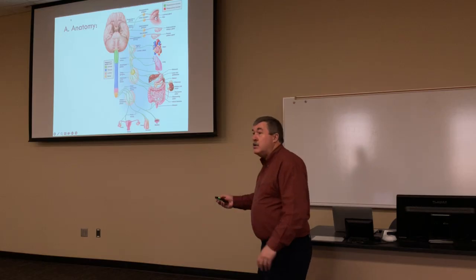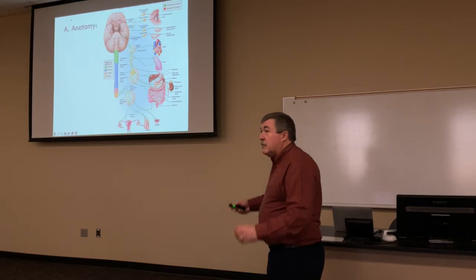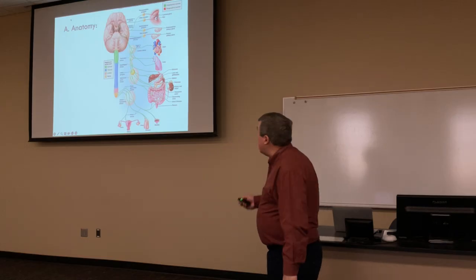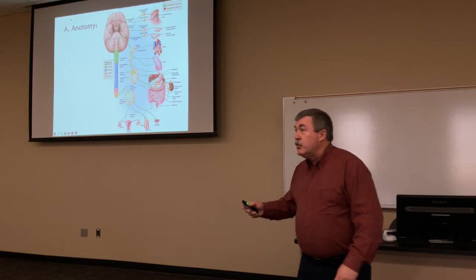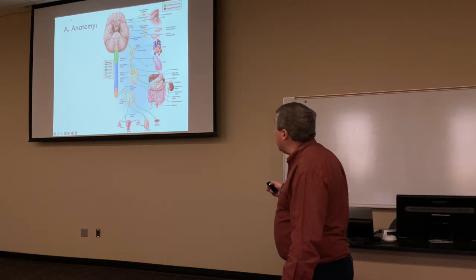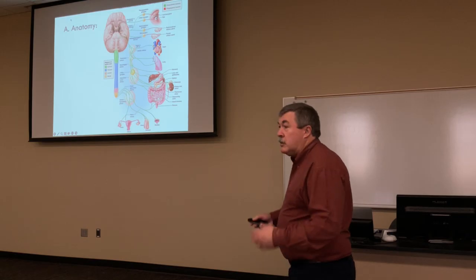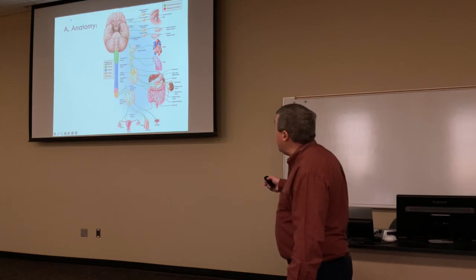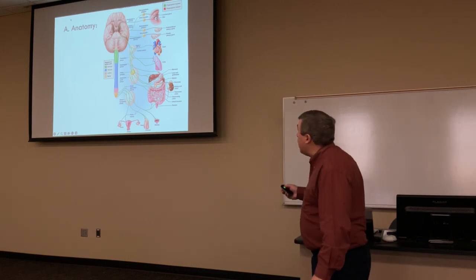Okay, and as you can see on here, most of the parasympathetic fibers travel through some of the cranial nerves. There are fibers that travel through the oculomotor, which is cranial nerve 3, and supply smooth muscles located in the eye.